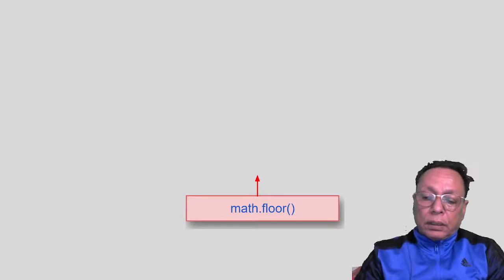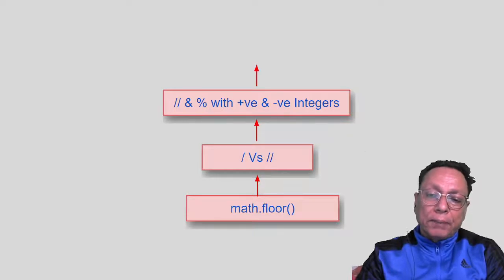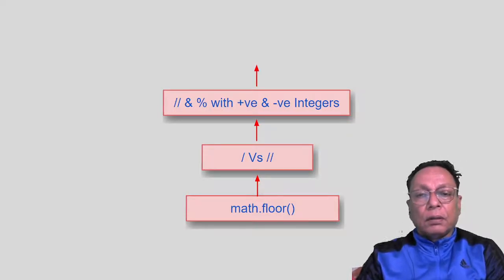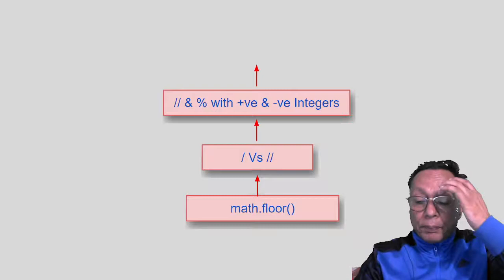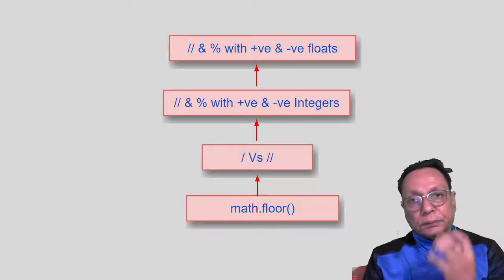In Python programming, we use the library function math.floor. We have to import the math module, and after that you can use math.floor, which gives you the floor division of the quotient.